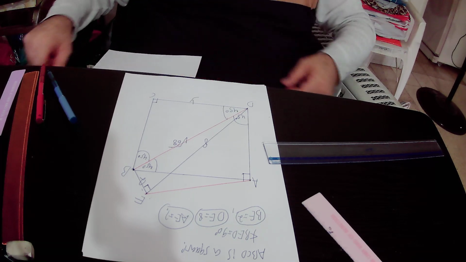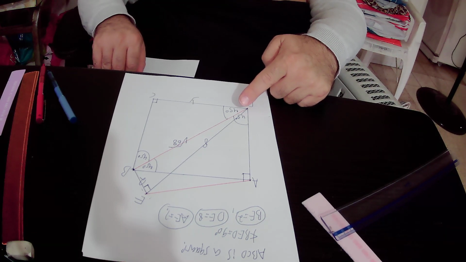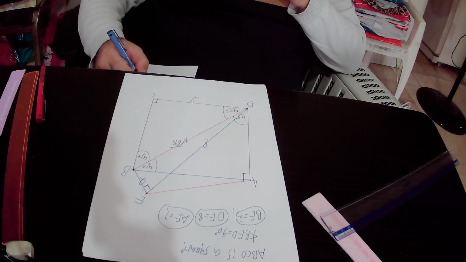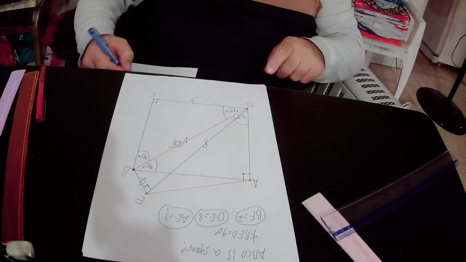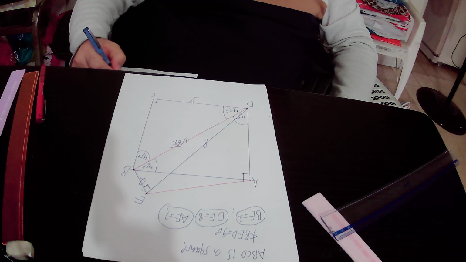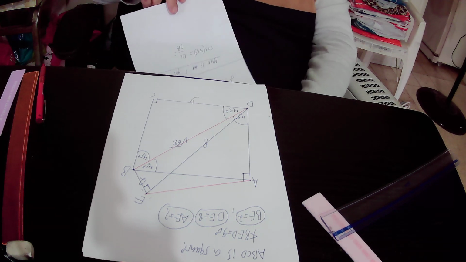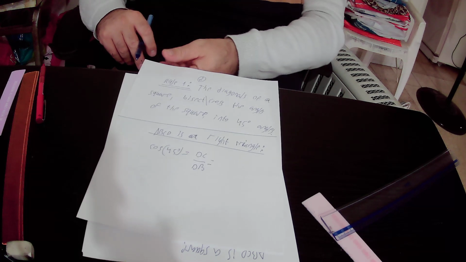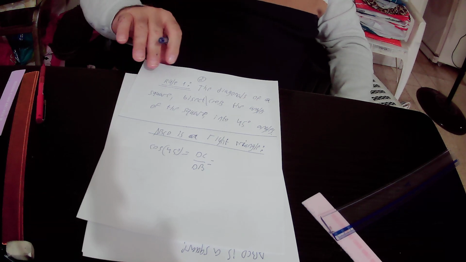And we actually know that cosine 45 degrees in the right triangle BCD equals DC over DB. I'll repeat again. In the right triangle BDC, cosine 45 degrees equals DC over DB.